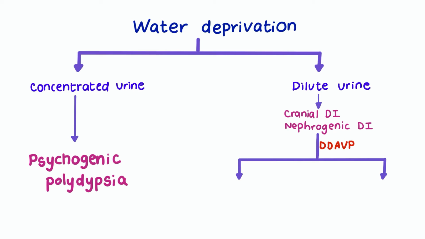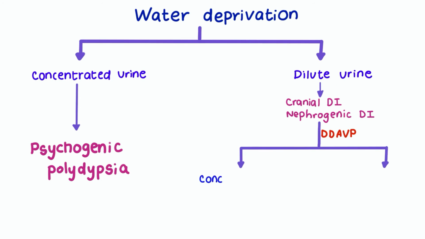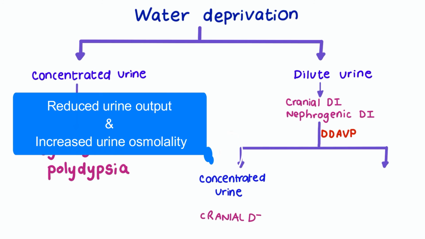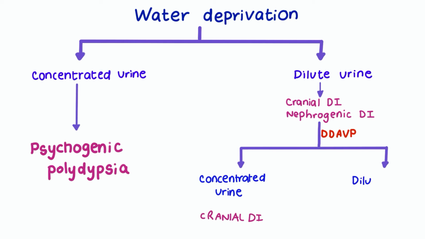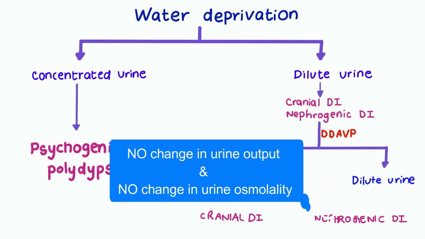So, when you replace the ADH with DDAVP, they can concentrate urine. So, they have reduced urine output and increased urine osmolality. In nephrogenic diabetes insipidus, they are insensitive to ADH. So, even if they have the DDAVP as an analog, they won't concentrate the urine. So, no effect is seen in urine output or urine osmolality.